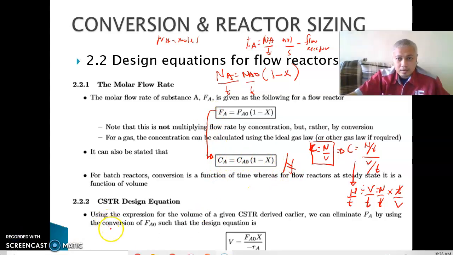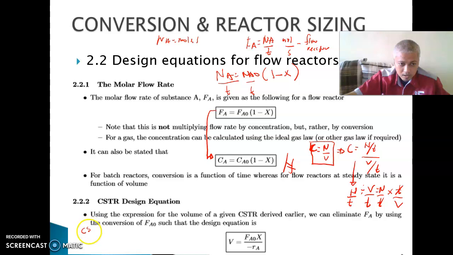Then last but not least, for flow reactor, previously we have derived the mole balance, or the formula, for CSTR, where we have V equals Fa naught minus Fa over negative Ra.